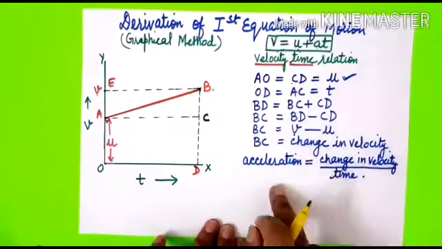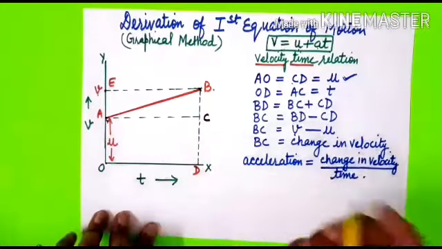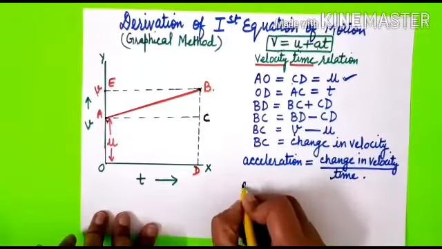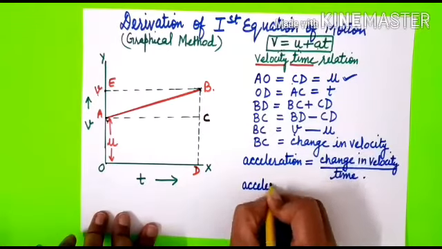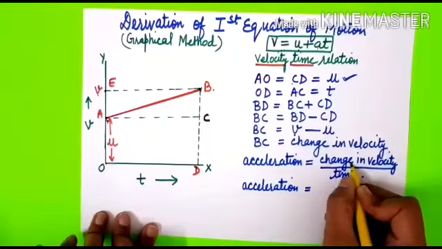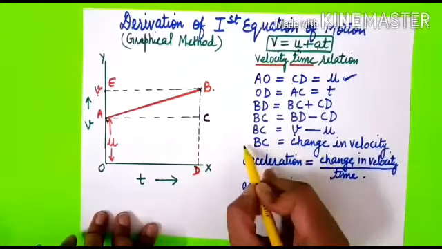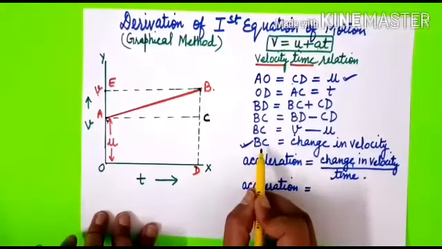Clear? Now represent the same formula with respect to the graph. Acceleration is change in velocity, and in terms of the graph, change in velocity can be represented by BC.